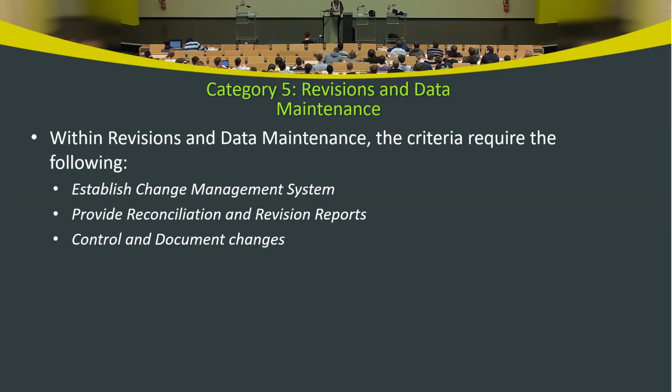Second one is about reconciliation and revision reports. This means generating reports that compare planned versus actual performance and documenting any necessary revisions to the project plan to keep it aligned with the current realities.